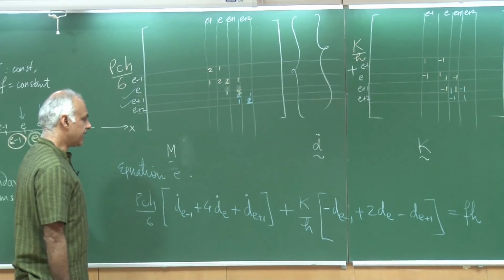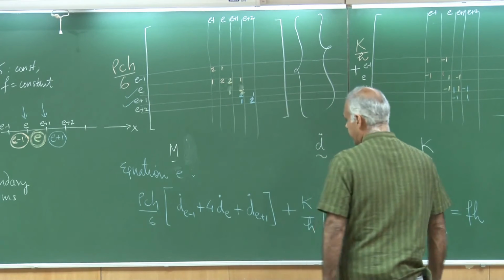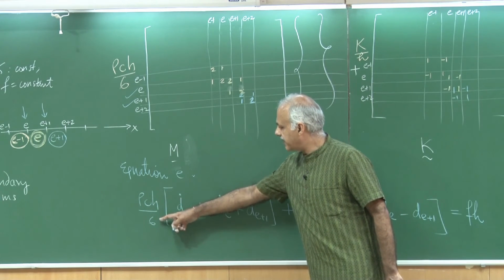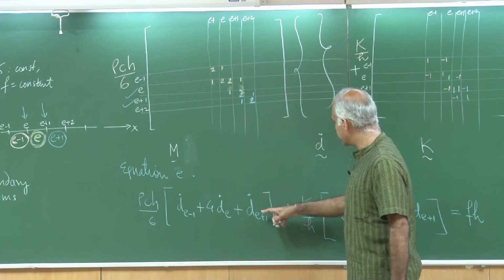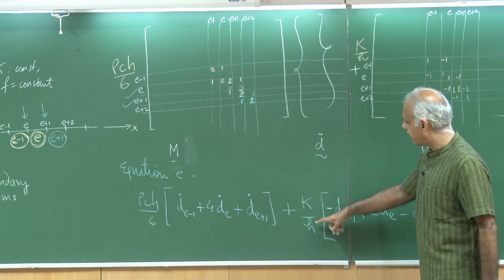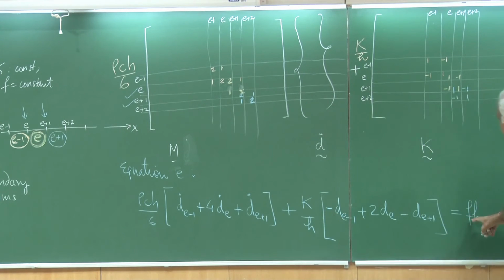So, you can see that the equation that I am getting from this is rho C by 6 times this quantity over here, and then K, I could actually divide this again by another H. So, it would become K by H square, and again remove this H over here.